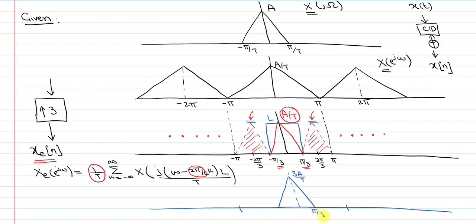The cutoff will be pi by 3 and minus pi by 3. And then I can have the same thing happen over here at 2 pi and minus 2 pi.